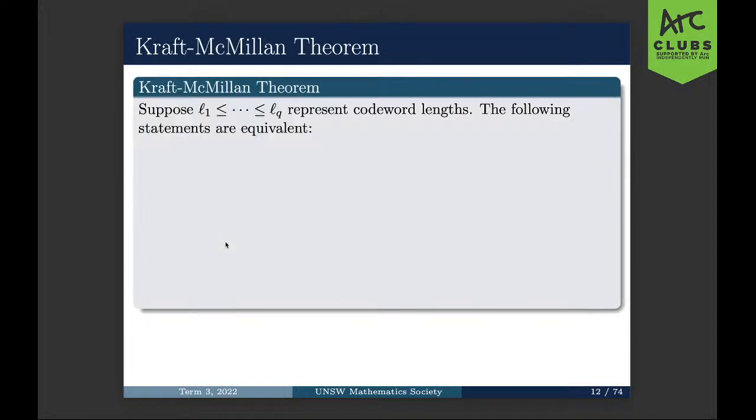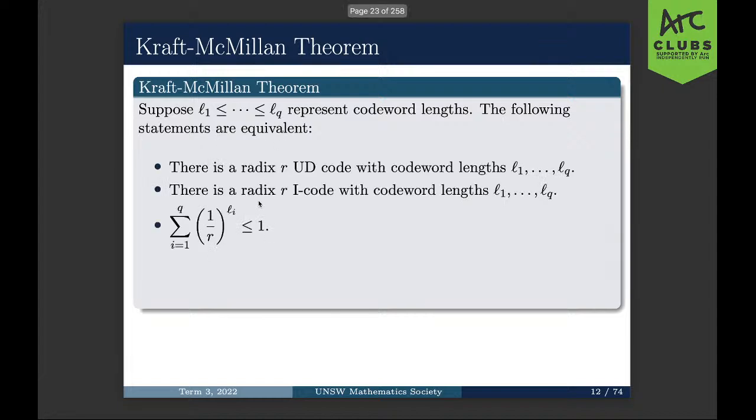Now we have this theorem here called the Kraft-McMillan theorem, and given some code word lengths, it tells us whether there is a uniquely decodable code or an I code based on some quantity derived from these lengths. So what this theorem says is that these three statements are equivalent.